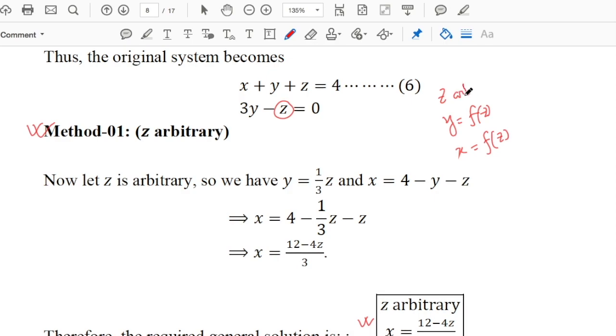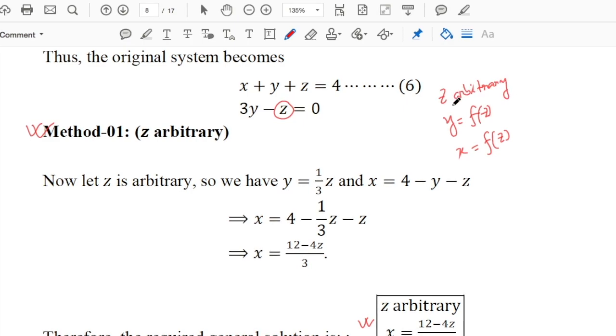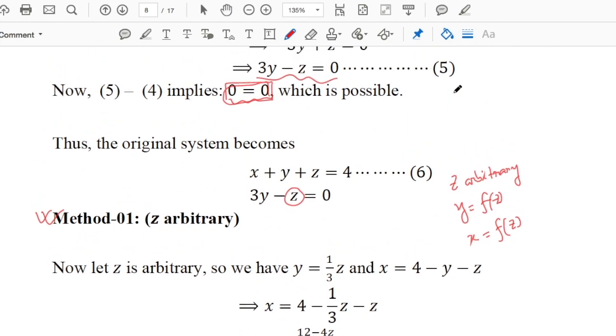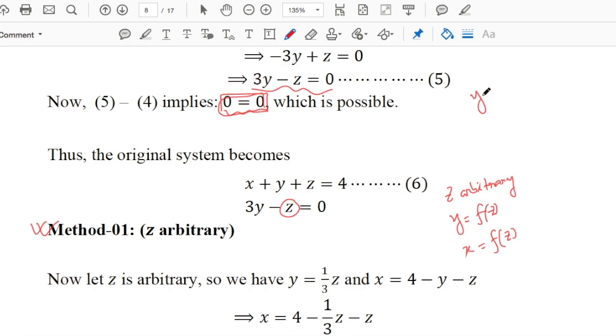And z arbitrary means you are allowed to consider any real value for z. What does it mean by z arbitrary? It means you are allowed to consider any real value for z. Z is independent.